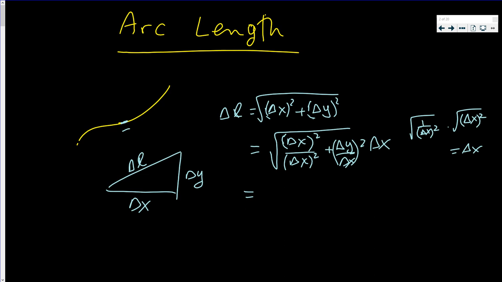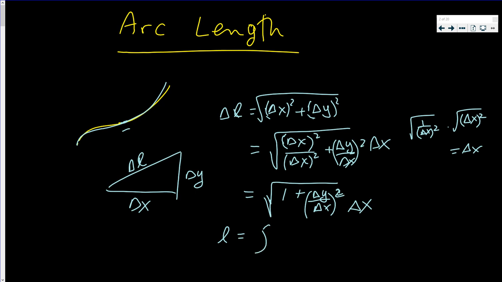And then what we get is the square root of 1 plus (delta y over delta x) squared, times delta x. And although I remember the formula, I can derive it this way. If I go for the whole length, I'm going to add up a lot of delta L's.